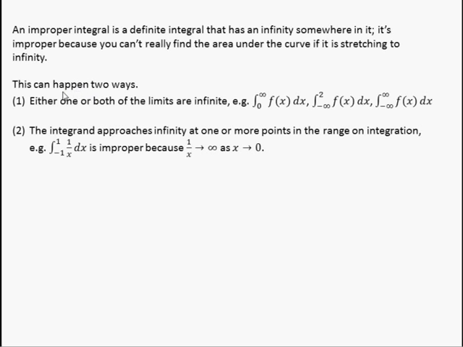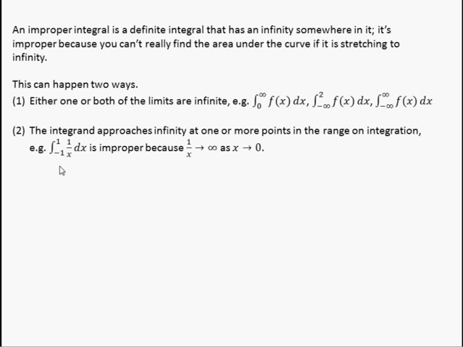However, that can happen if you've got one of the limits set at infinity, so this is from 0 to infinity, or the lower limit as infinity, or both limits as infinity. The other way you can do it is you have some kind of discontinuity or some kind of asymptote in the middle, so some point in the domain or between the two limits of integration is heading towards infinity.